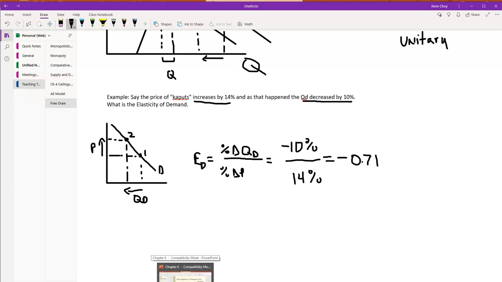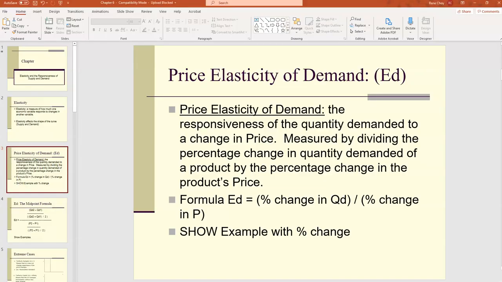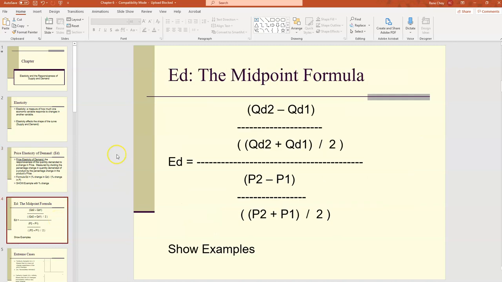All right, now because this class is developed for college level, we have to make it a little harder, and we have to teach you the best formula for elasticity. The best formula for elasticity is what we call the midpoint formula. The midpoint formula utilizes the midpoint between two points, or it uses the average between 2 points instead of using the individual point for the denominator.